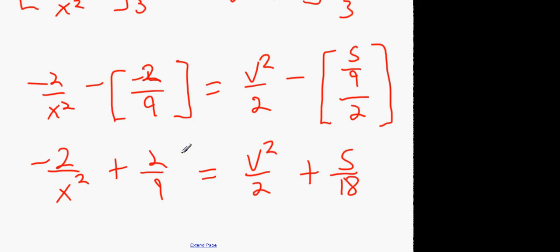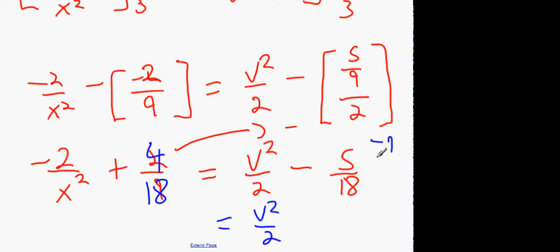I'm going to bring the 2 over 9 over to your side. Now 2 over 9 is the same thing as 4 over 18, and that's basically going to become minus 9 over 18. So it's going to be phi squared over 2 minus 9 over 18, and minus 9 over 18 is minus a half.